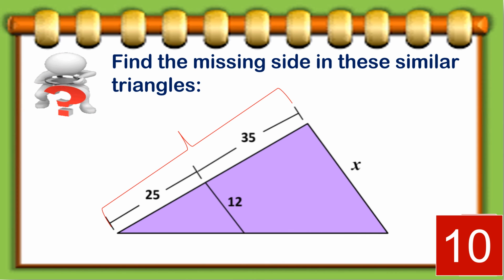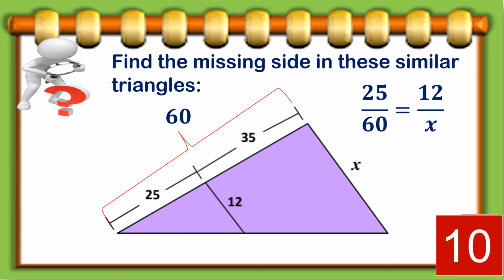Now let us find the missing side in these similar triangles. At first look, where are the two triangles? But if you take a look at it carefully, you can realize that there are two triangles. The dimension of the smaller one is 12 by 25, and the dimensions of the larger triangle is x by 60. So from here we have the proportion, which is 25 over 60 equals 12 over x.